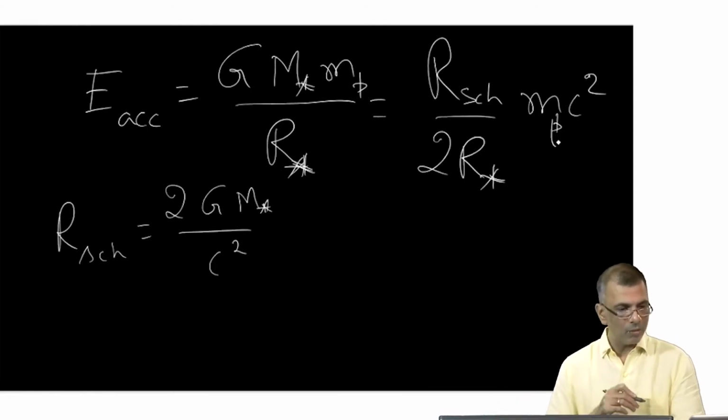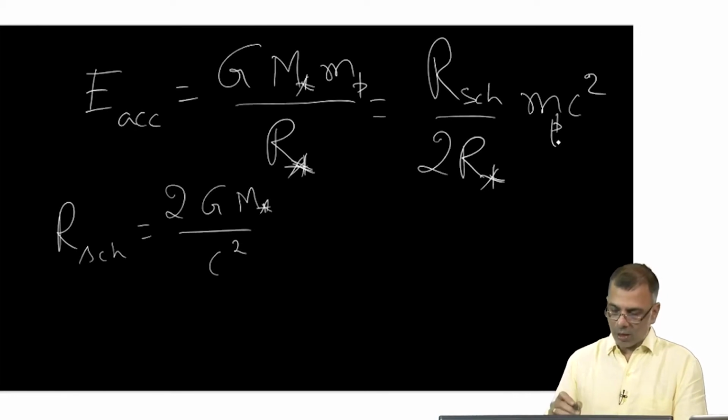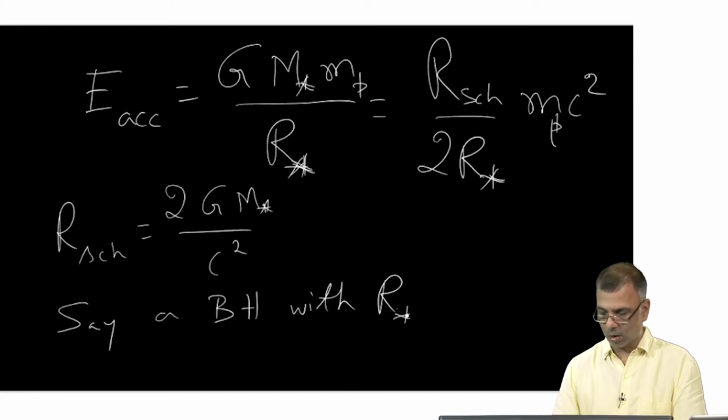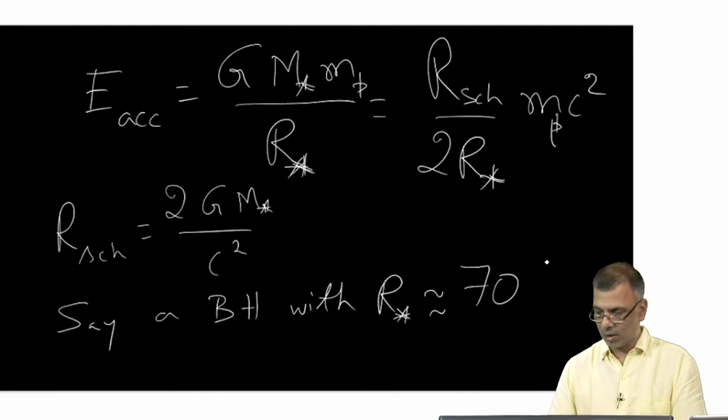Now suppose there was a compact object, say a black hole, with r star some 70 Schwarzschild radii.